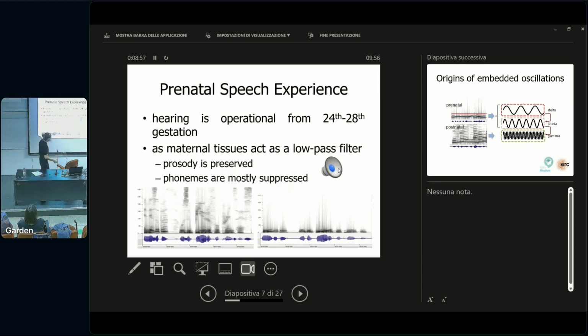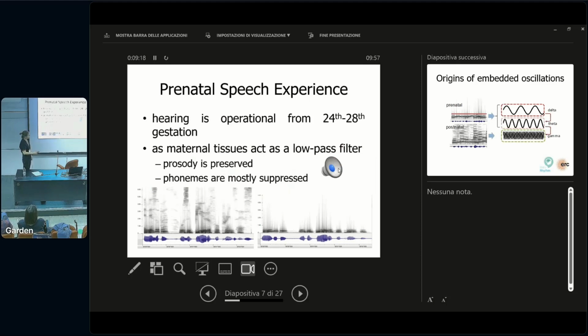And so here you can see the spectrogram. Is there a pointer? Yes, here you can see the spectrogram of the regular speech signal as we are talking now, broadcast through air. You see the waveform, the spectrogram, and the energy, so it's a time frequency representation. Maternal tissue, the womb, acts as a low pass filter.